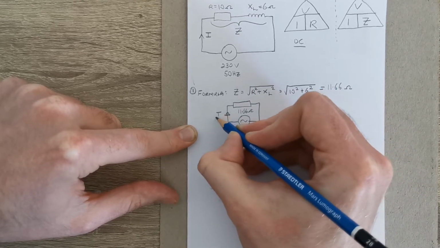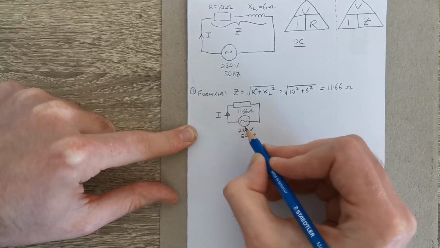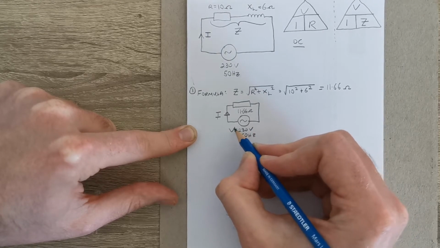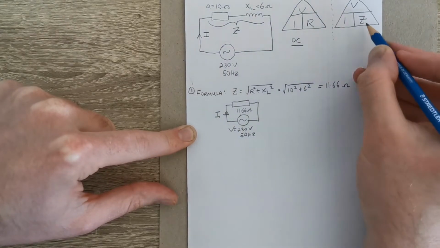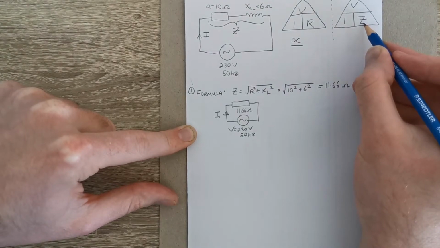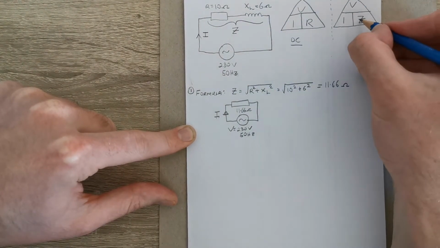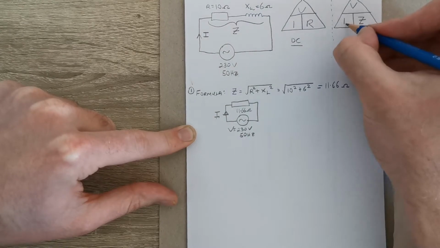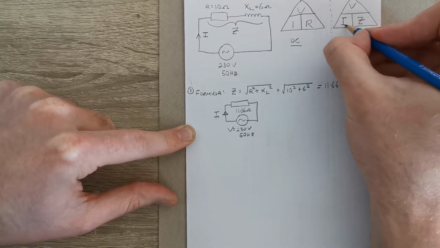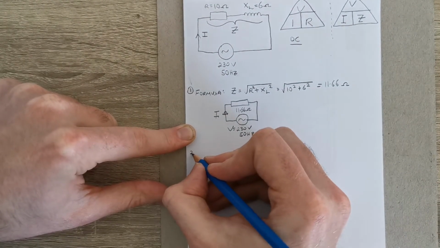And if we want to get I in this circuit, well, we have the voltage V, we have Z, and the only thing we're missing is I. So that's it. Let's get I.